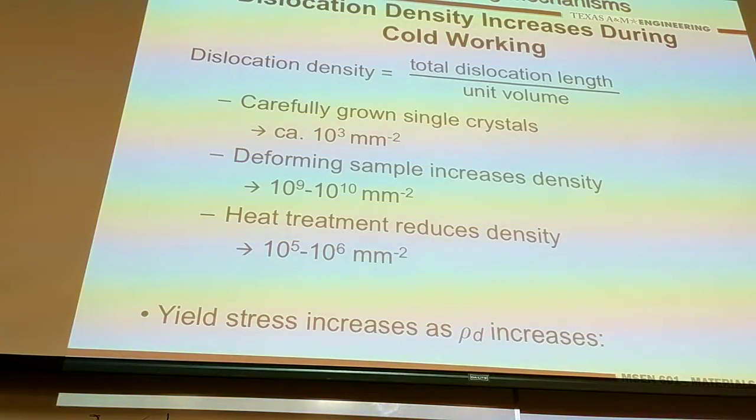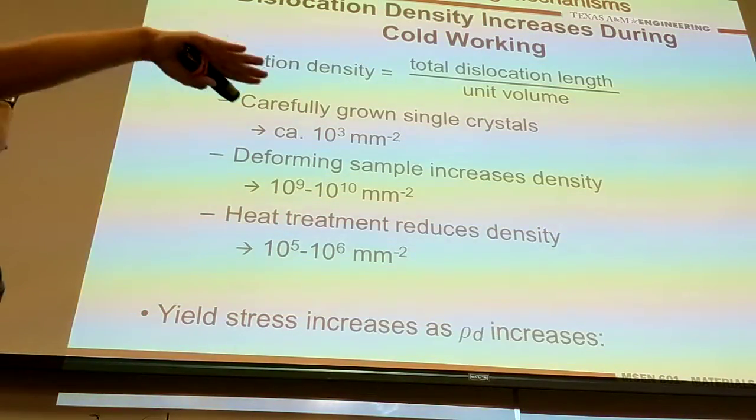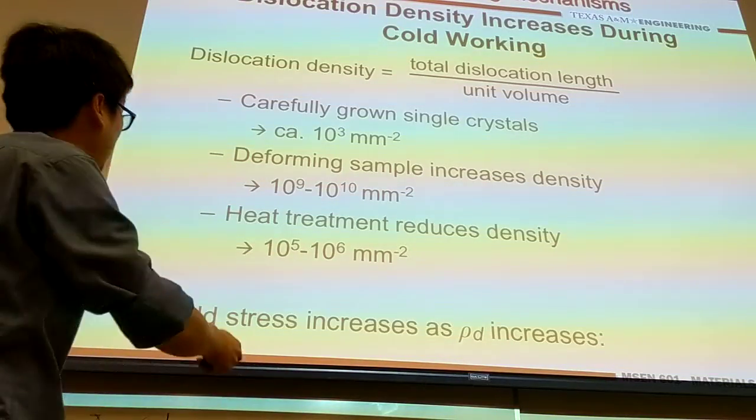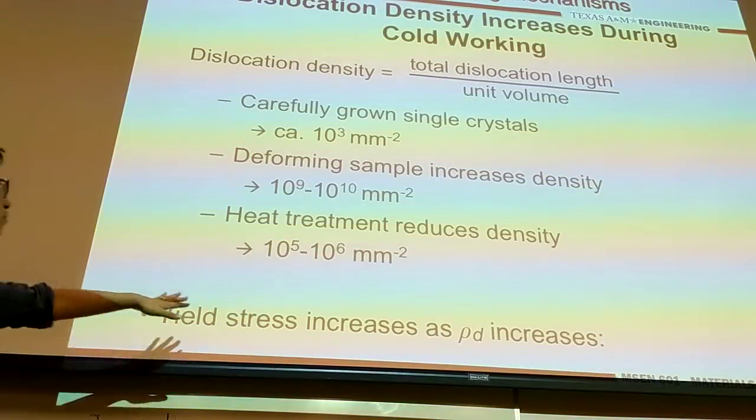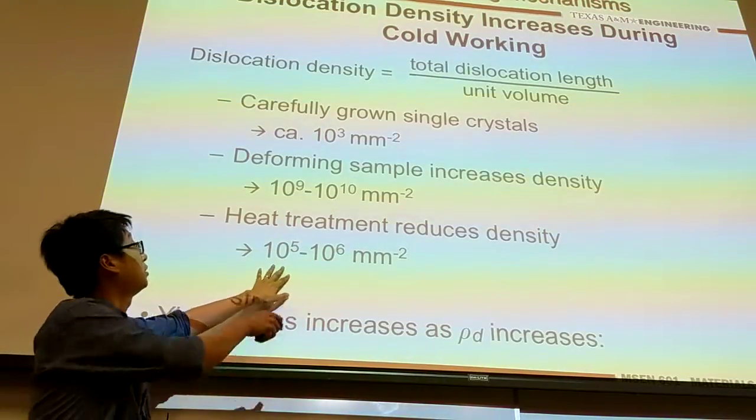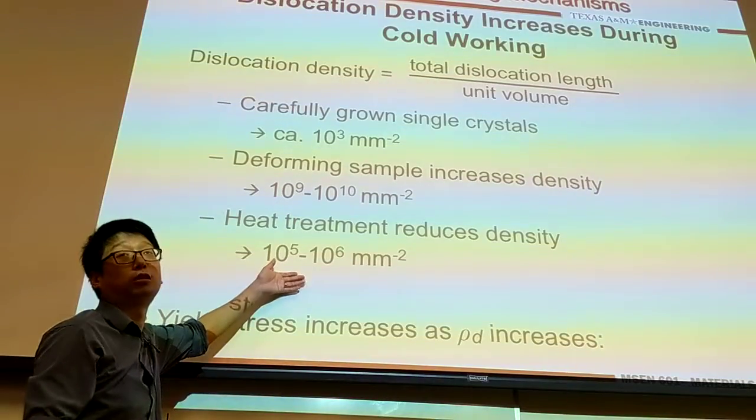Starting from a carefully grown single crystal, you put it through cold work, extrusion, or forging, and you generate 10 to the 9 to 10 to the 10 per square millimeter dislocation density, from very low to very, very high. I can also do heat treatment to lower the dislocation density from 10 to the 9 or 10 to the 10 back to 10 to the 5 or 10 to the 6. Even though it's still higher than the single crystal, it's much lower.